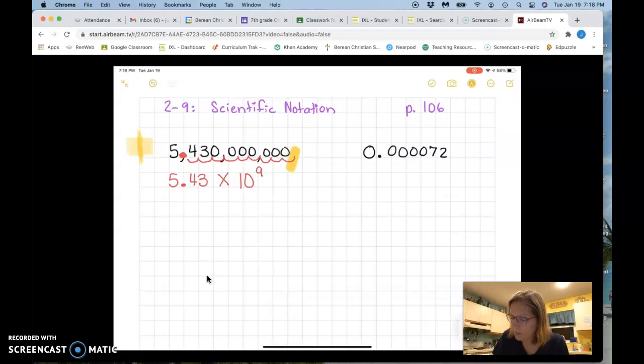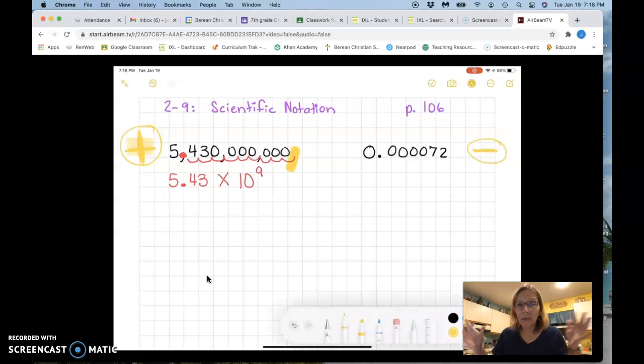Your exponent's going to be positive. And if you start with a really small number, like this decimal over here, your exponent is going to be negative. All right, so let's keep those two signs in mind. Big number, positive exponent. Small number is going to be a negative exponent.